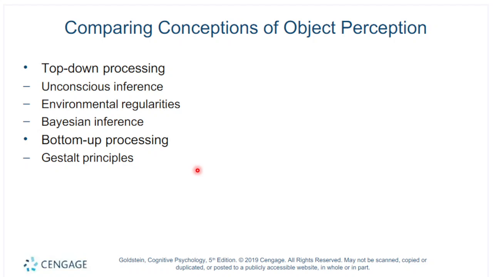And then also we have the Bayesian inference, wherein we have the prior knowledge and then the likelihood of a given outcome are put together in order to come up with a conclusion. And then with the bottom-up processing, what we see based on our senses, or what are the stimulus received by the senses, are usually following Gestalt principles that allow us to make sense of what we are receiving from the stimulus.